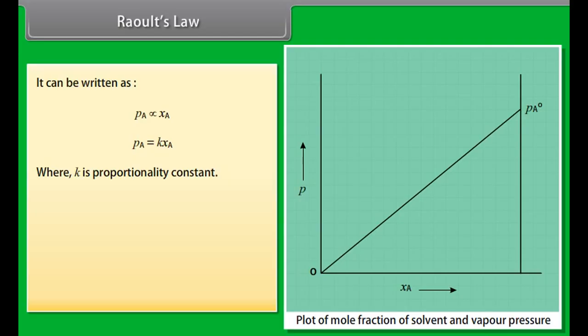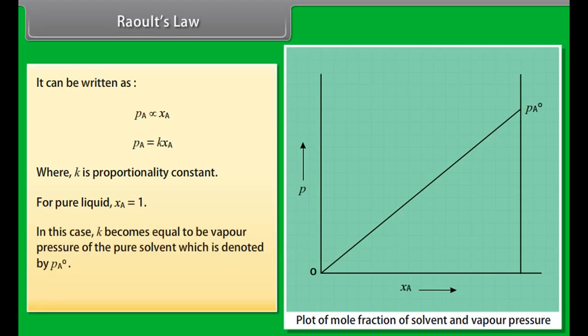For pure liquid, XA is equal to 1. In this case, K becomes equal to vapor pressure of the pure solvent, which is denoted by PA⁰. Thus, PA = PA⁰ × XA.